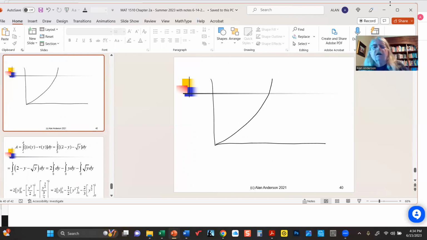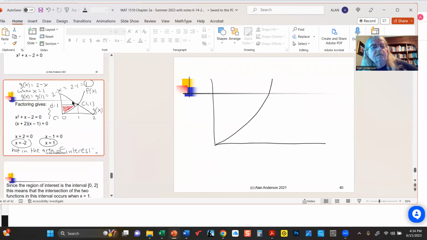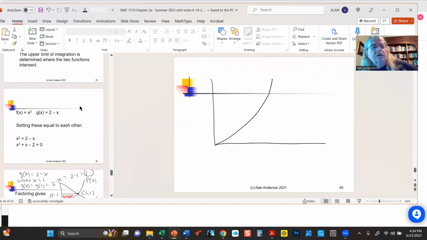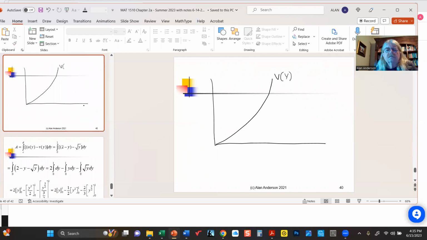So now this curve, which we originally called f of x equals x squared, we're now writing in terms of y.